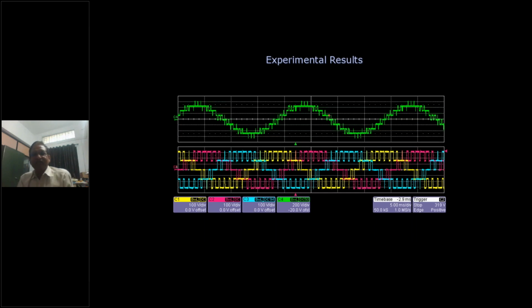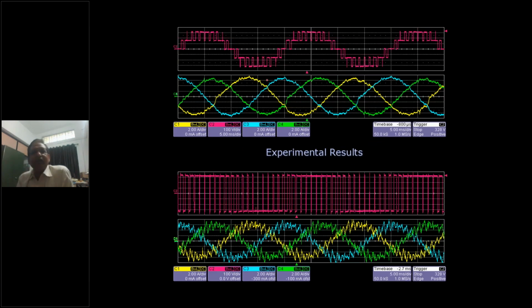This is the line voltage. When the phase voltage is 5 level, in the line you get 9 levels. In phase you get 5 levels, 1, 2, 3, 4, and 5. Here you will see the 5-level inverter output voltage, and this is the current.